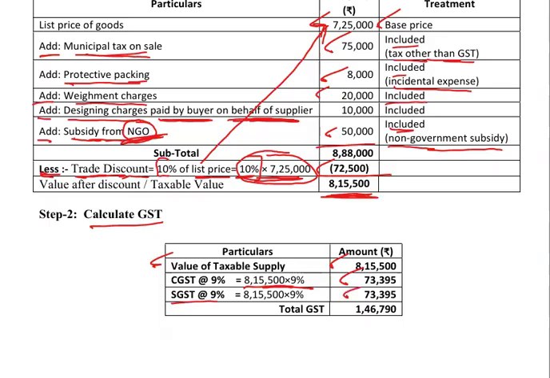SGST is also 73,395. Adding these two figures, we get 1,46,790. That is the GST amount. So this was the solution for the last question.